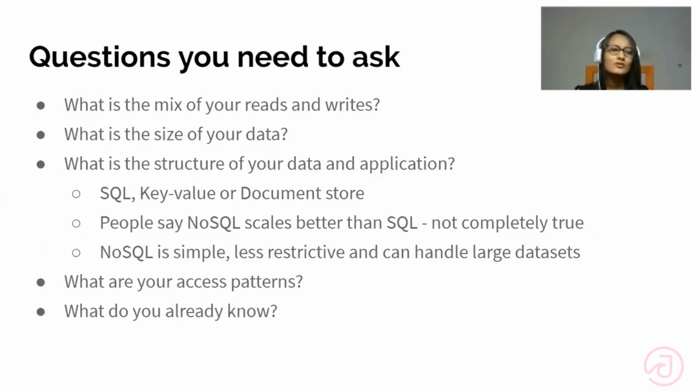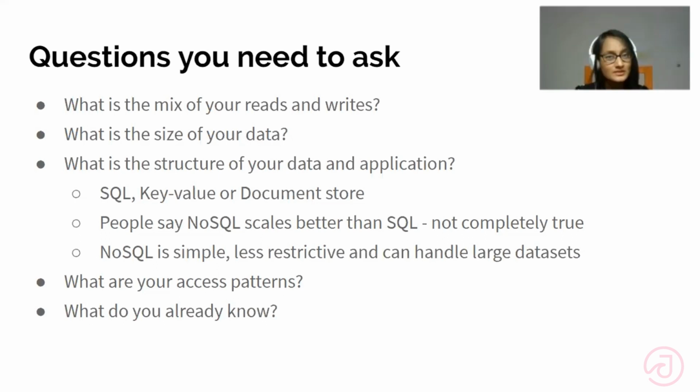Next is the structure of your data and application. Depending on how your data looks, you might go for a SQL store, a key value store or a document store. For our application that we saw, a SQL store is fine. People often say that NoSQL scales better than SQL, and that is not completely true.